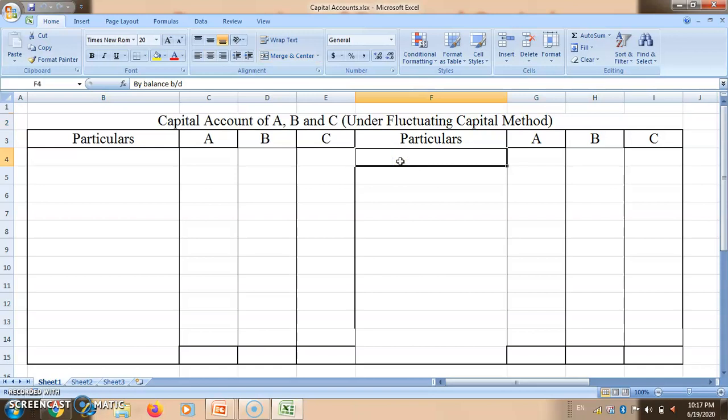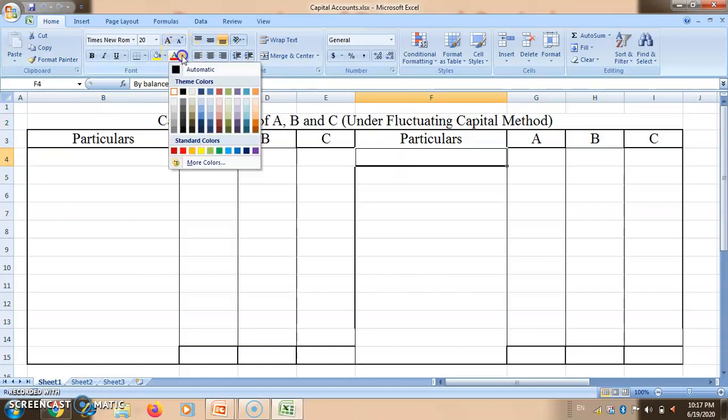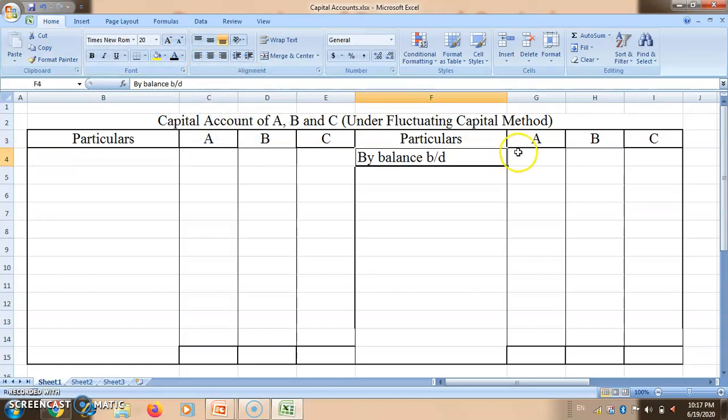So the opening balance should be shown on the credit side. What will be the entry? By balance brought down: for A 1 lakh, for B 1,50,000, and for C 2 lakh.